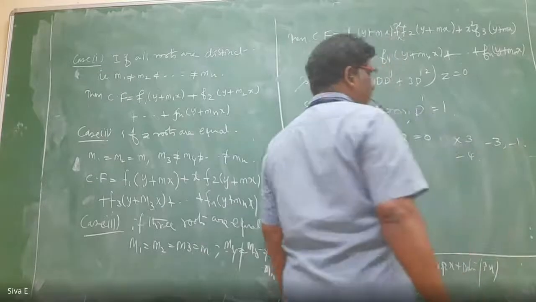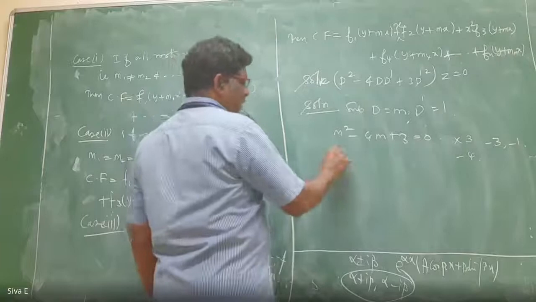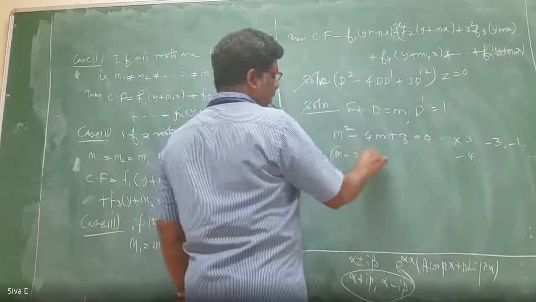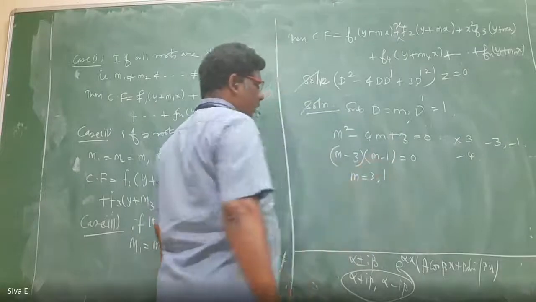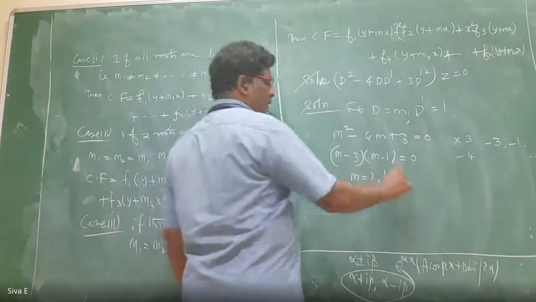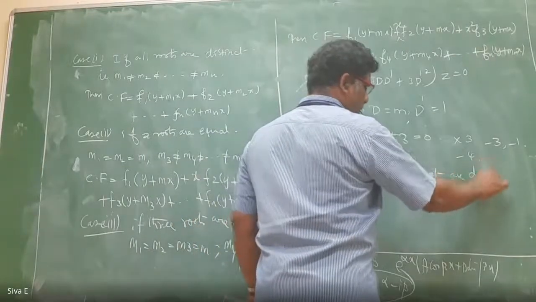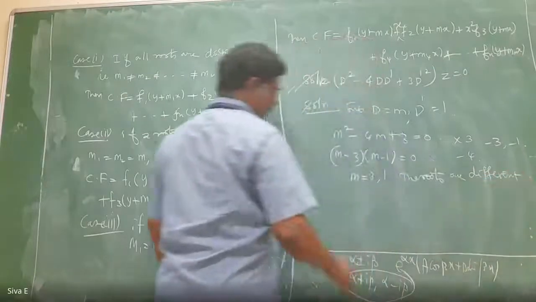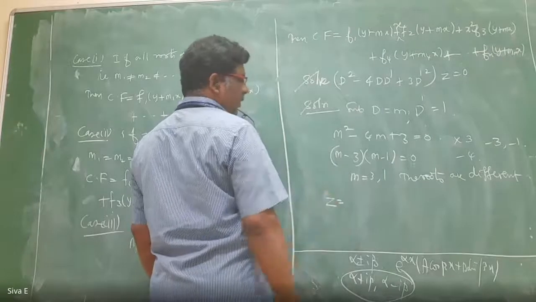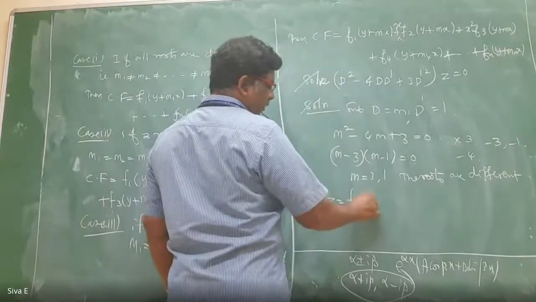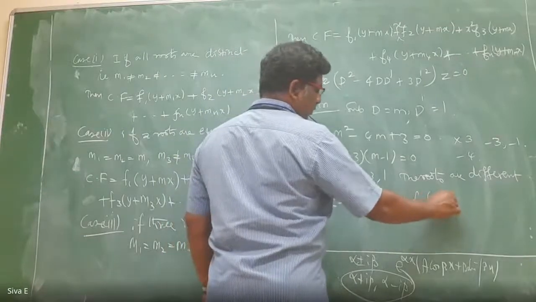Minus 3, minus 1, so you are telling the roots. So (m minus 3)(m minus 1) equal to 0, m equal to 3 and 1. That means the roots are different, therefore z equal to f1 of y plus 3x plus f2 of y plus x.